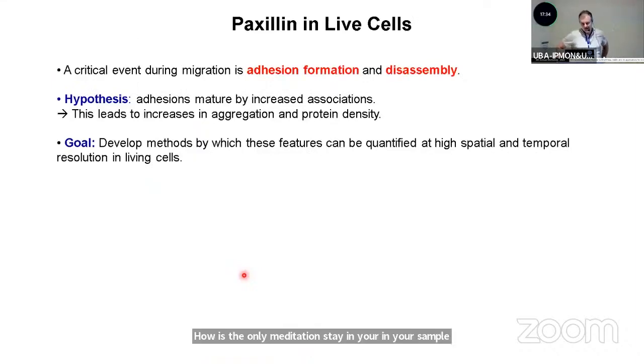So to close this presentation, I will show you an example, which is a follow-up on the RICS part, of paxillin, which is a very important protein related to the focal adhesion, as Michelle showed us. And this project was a big consortium, in the 2000s, probably, right?